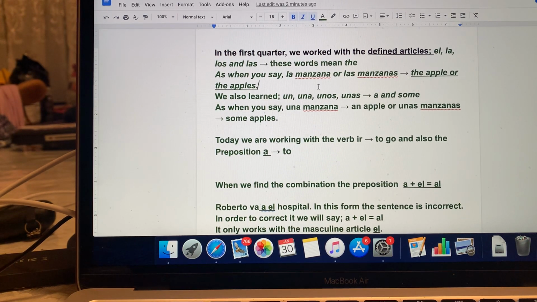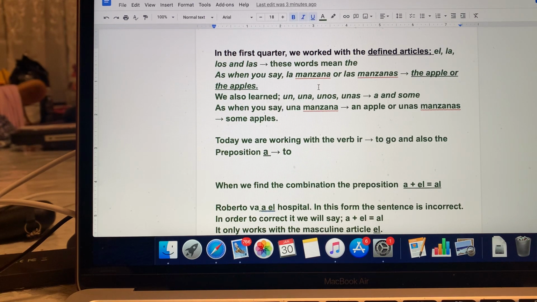So we still need to move forward in learning Spanish. If you remember, in the first quarter, we worked with the definite articles, which are el and la in the singular, masculino and femenino, and then los and las, okay? These four words mean the, as when you say la manzana or las manzanas, translated to English as the apple or the apples.